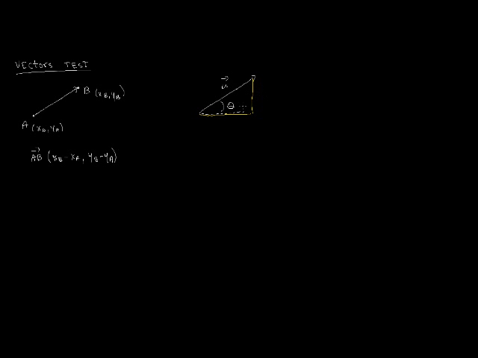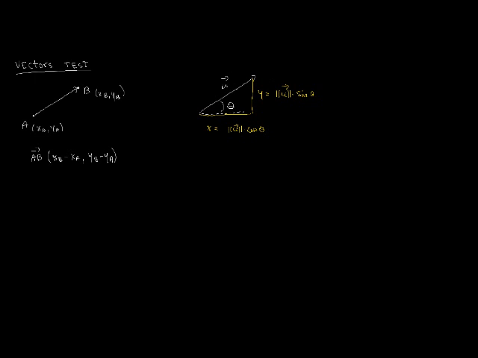Now the horizontal component, which I'll call the x component, is equal to the magnitude of u times cosine of theta. So this is SOHCAHTOA, right? Because if we do the cosine ratio, we have cosine of theta equals adjacent over hypotenuse, but we know the hypotenuse is the magnitude of u. And the y component is the magnitude of u times sine of theta, also by SOHCAHTOA.